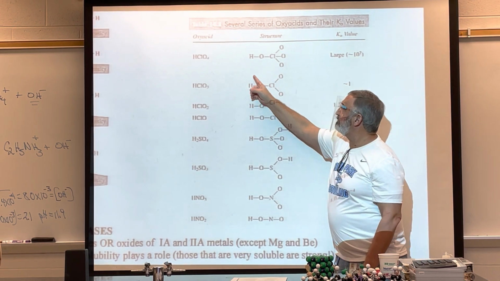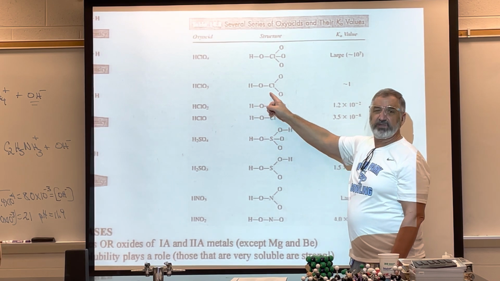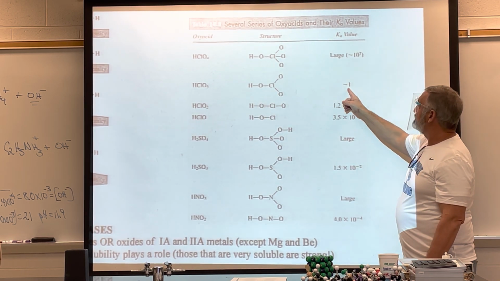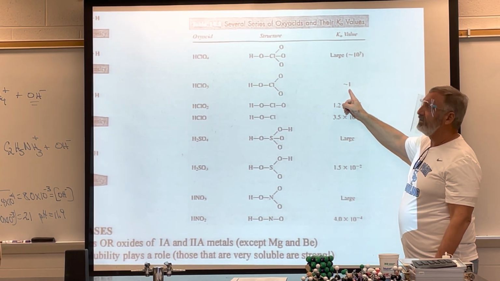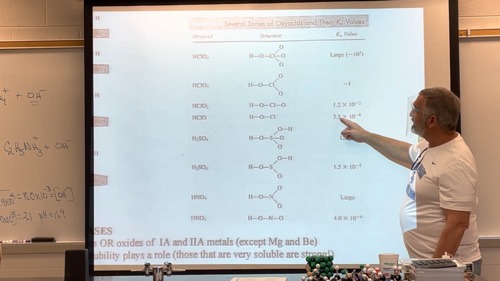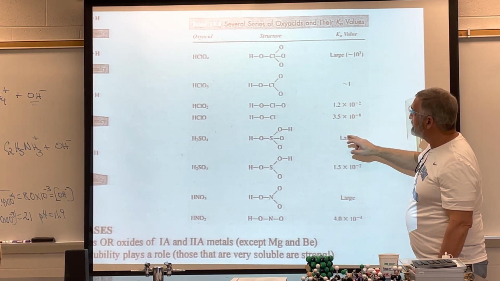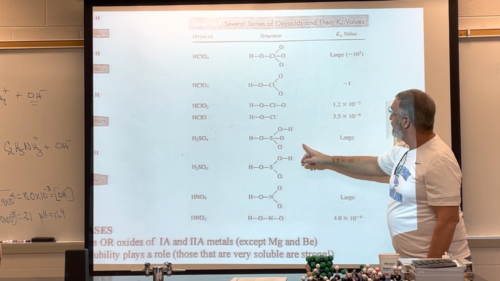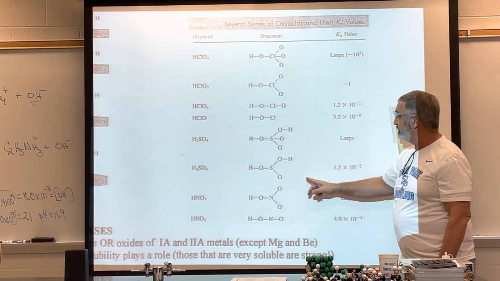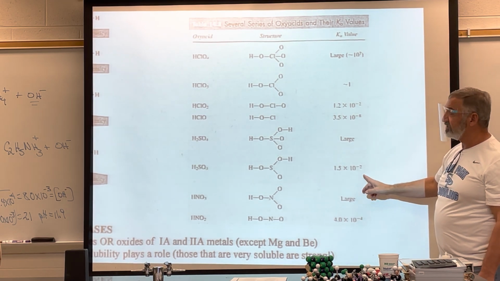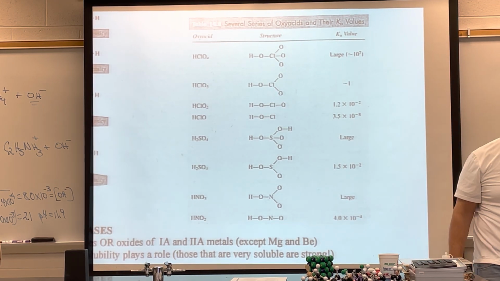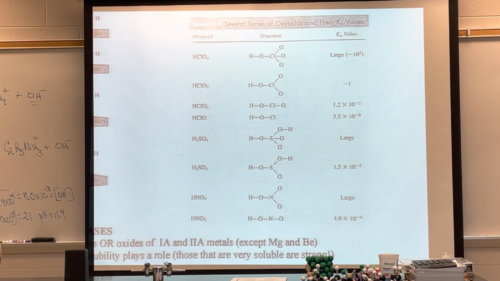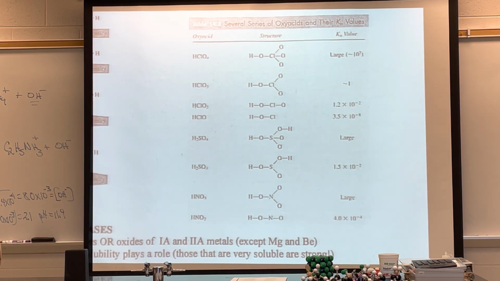HClO3, some consider this still to be a strong acid, but it's not one of the 6. It's approximately 1. Then we start going down, HClO2, the Kas get smaller. And then H2SO4, it's a 2 to 4 ratio. It's large, but H2SO3 is not as large, so it's that hydrogen to oxygen ratio. And then we look at the electronegativity.